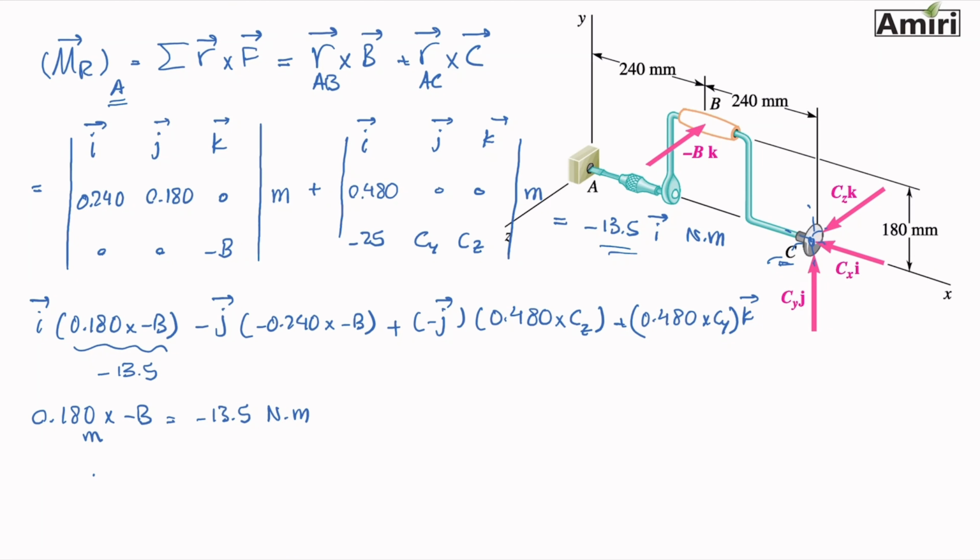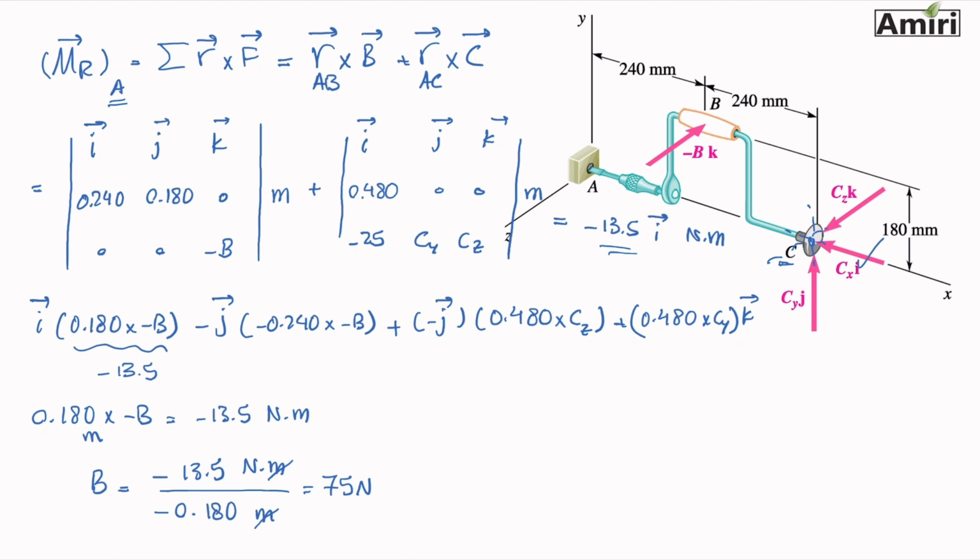So therefore my B is minus 13.5 Newton meters divided by 180 millimeters. These two cancel each other out. All I'm left with is 75 newtons. So I found my B.